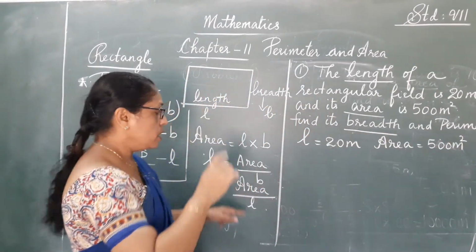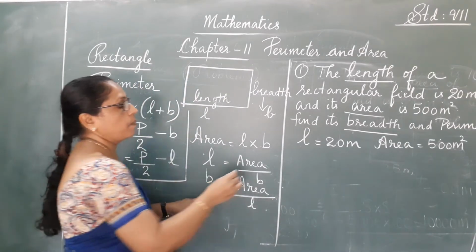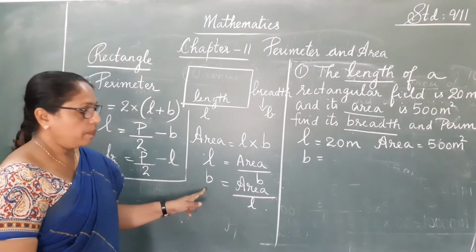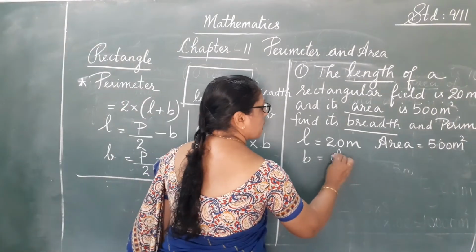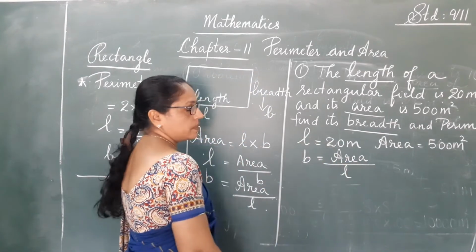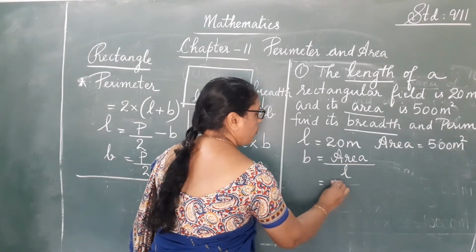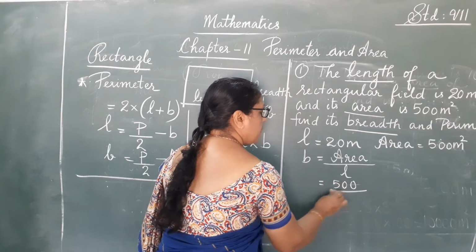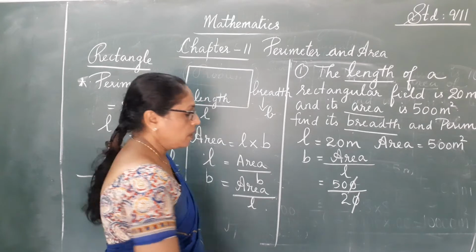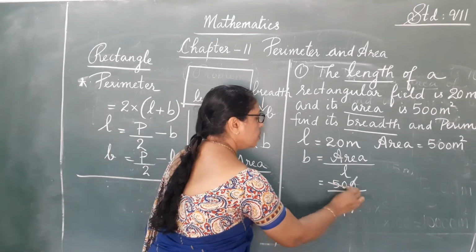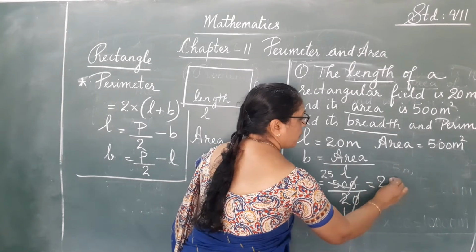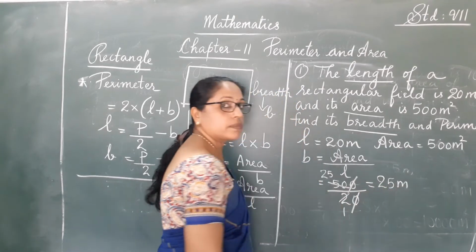Breadth is equal to area divided by length, which is 500 divided by 20. The zeros cancel, 2 into 25 is 50, so 25. So breadth is equal to 25 meter.